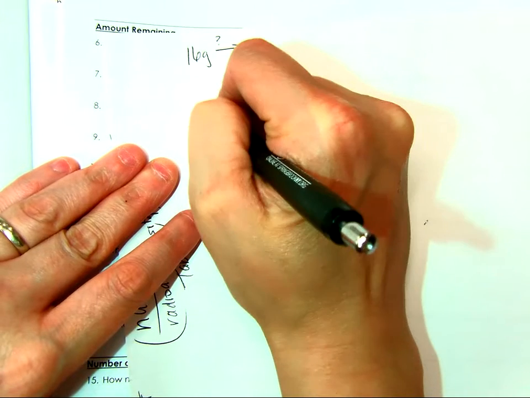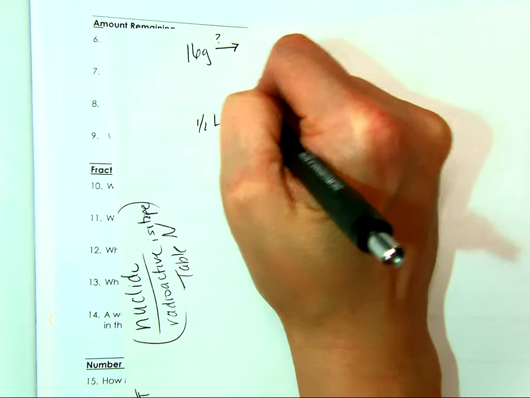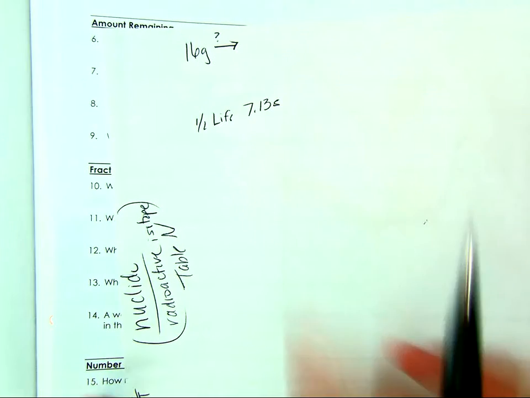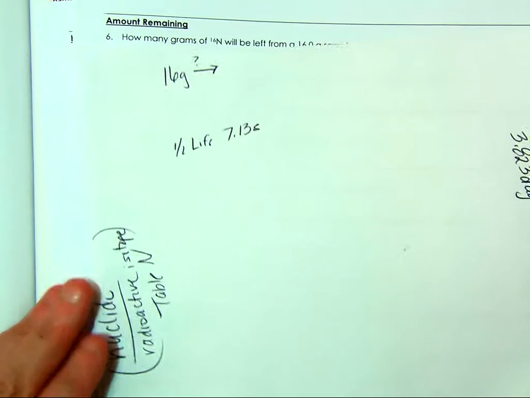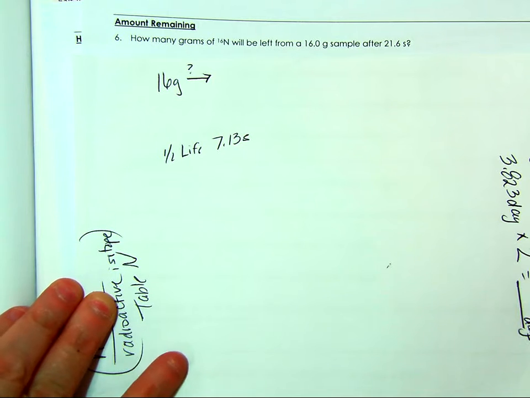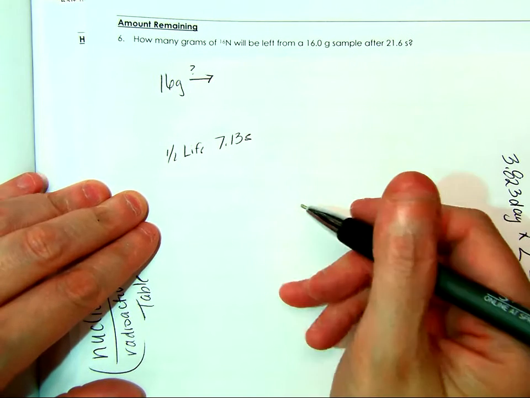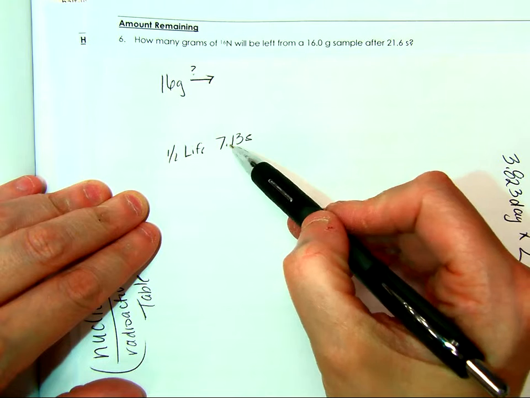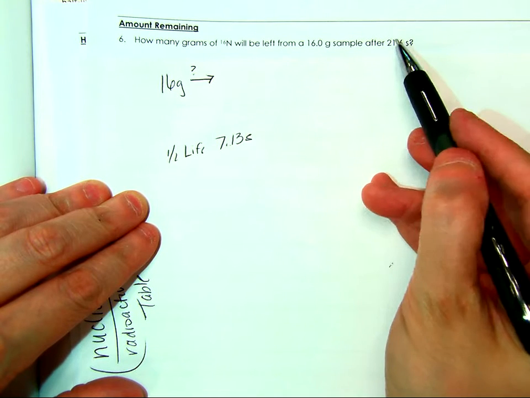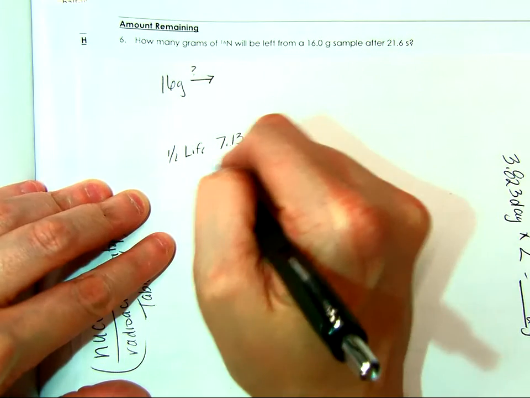Half-life is 7.13 seconds. So this is asking how much is going to be left in 21.6 seconds. So there's a couple things I can do. I can figure out, well, how many times does 7 go into 21? And that's roughly about 3 times.